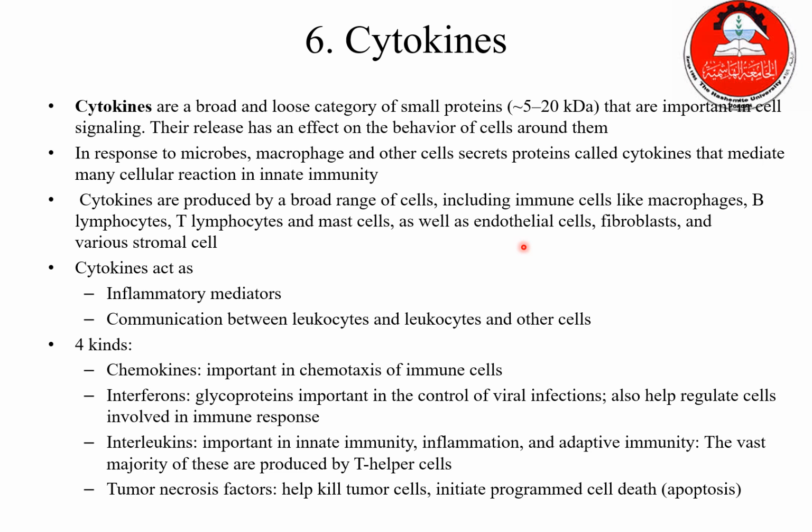And as we're going to see later, cytokines play an important role in activation of the specific immunity. So the specific immune components are going to be activated and triggered by cytokines.